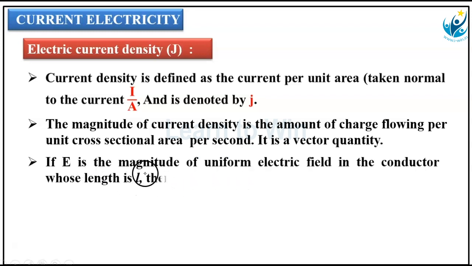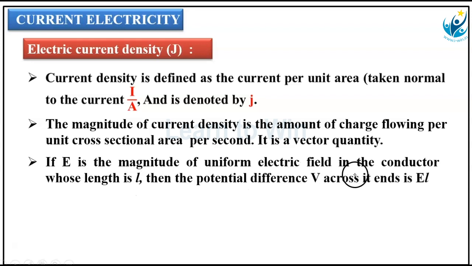If capital E is the magnitude of a uniform electric field in a conductor whose length is L and potential difference V, the relation between electric field intensity and potential is V equals ED. The potential difference V is equal to ED. E is the electric field intensity.